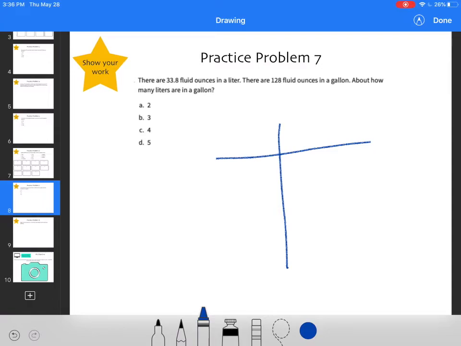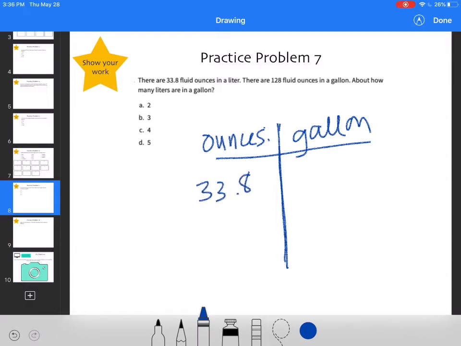So I'm going from ounces. I know I have 33.8 in 1 liter. So I want to figure out what's in 128. So I'm going to do 33.8 times 128.